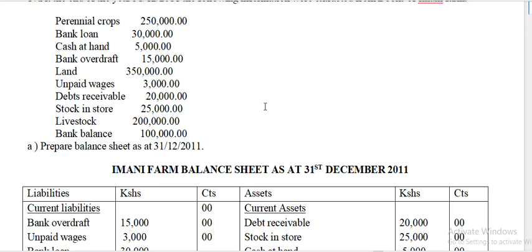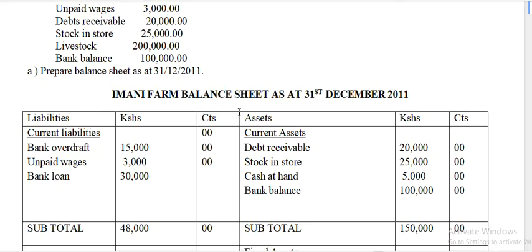Bank overdraft, 15,000. Land, 350,000. Unpaid wages, 3,000. Debts receivable, 20,000. Stock in store, 25,000. Livestock, 200,000. Bank balance, 100,000. Prepare balance sheet as at 31st 12th 2011.